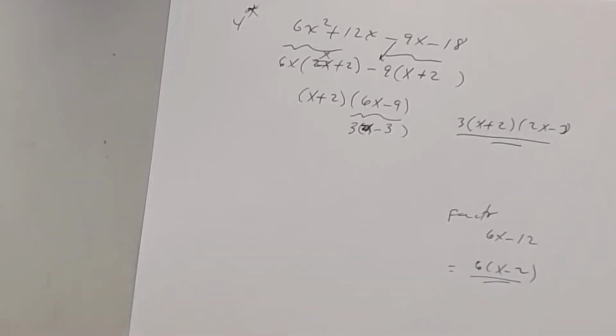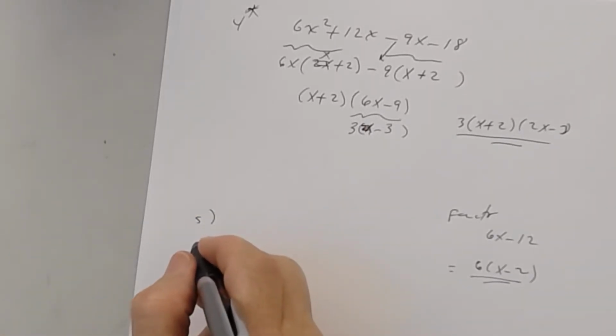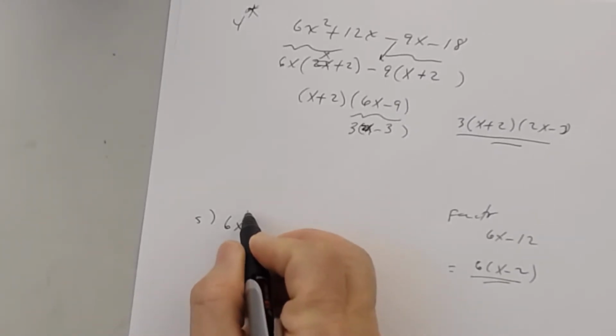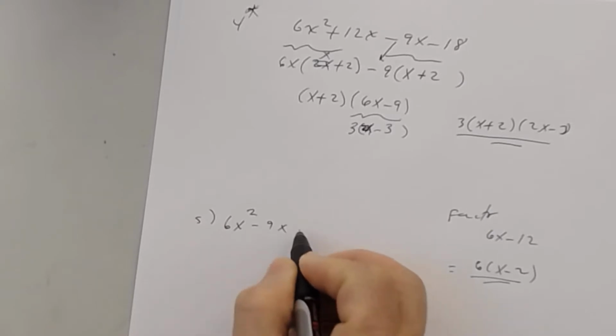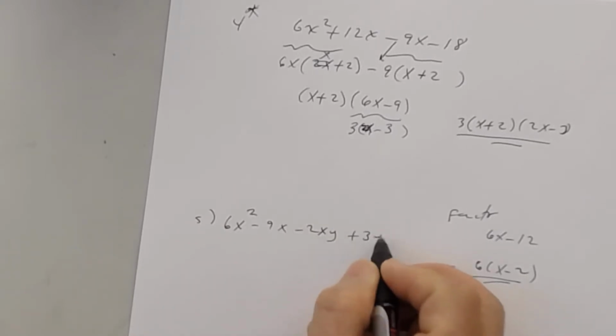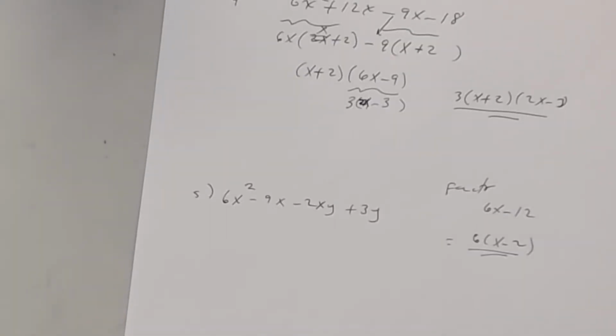All right, number 5. We have 6x squared minus 9x minus 2xy plus 3y. So 6x squared minus 9x minus 2xy plus 3y. All right, what's the GCF? 1.